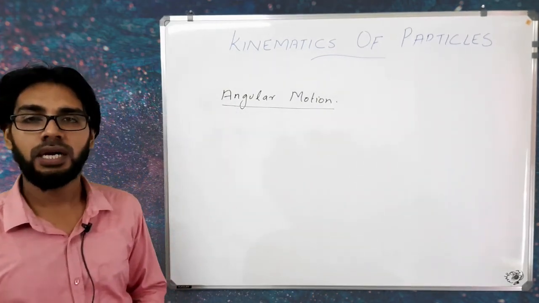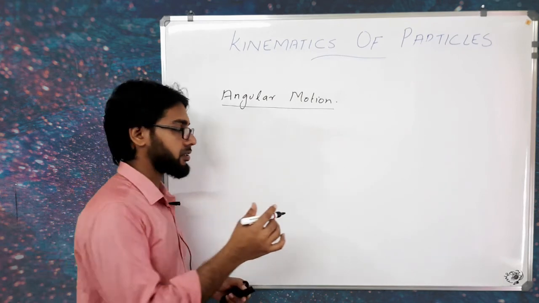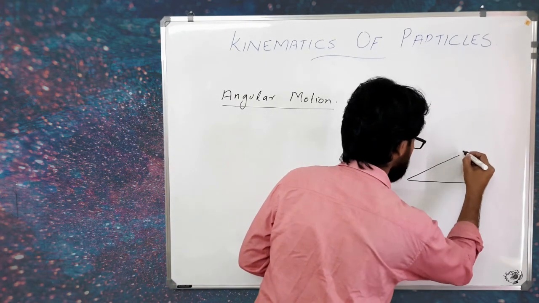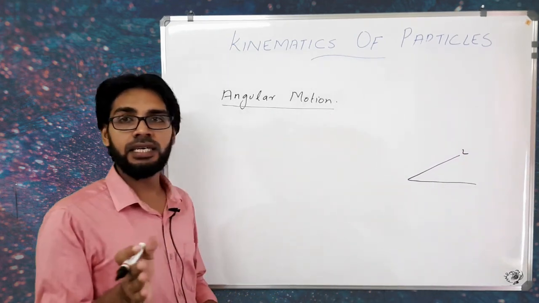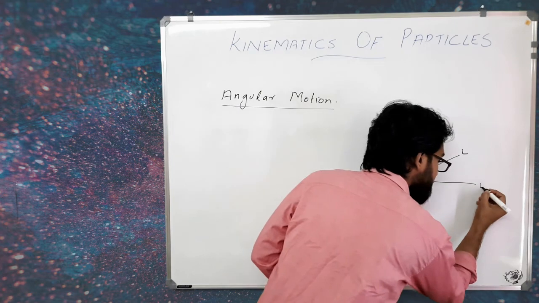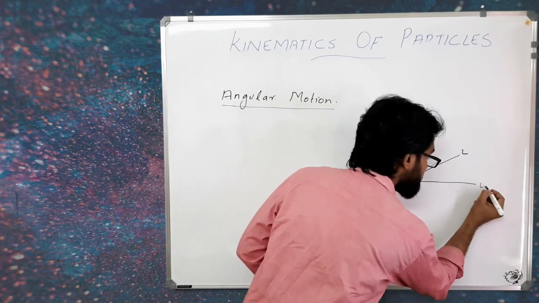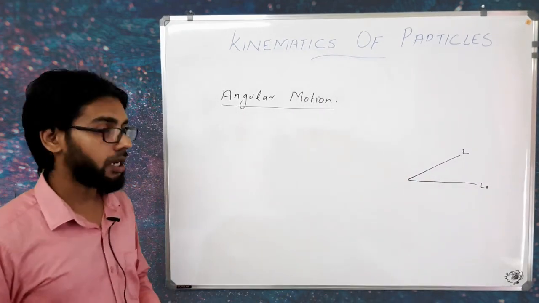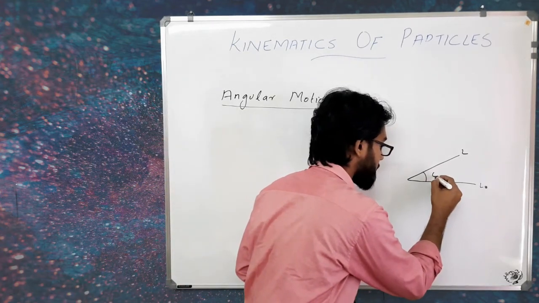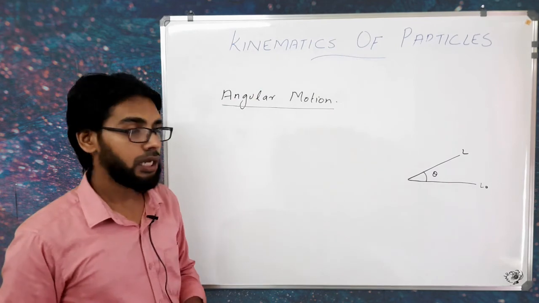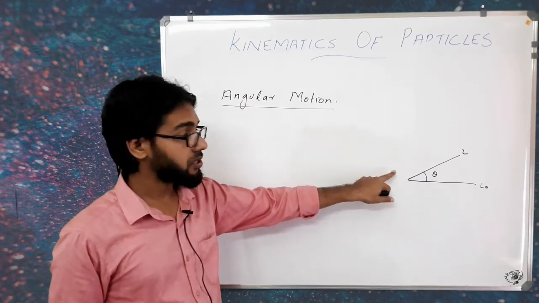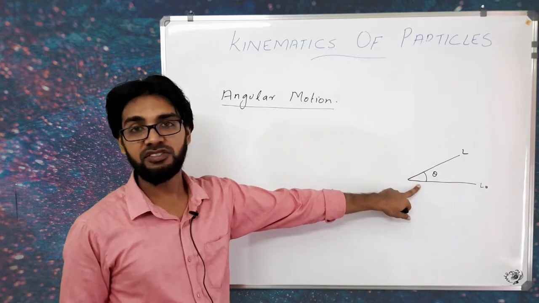Angular motion. Consider I have a line L that is at a particular angle, say theta, with respect to a reference line, say L0. Now suppose the line undergoes rotation with respect to the reference line L0.